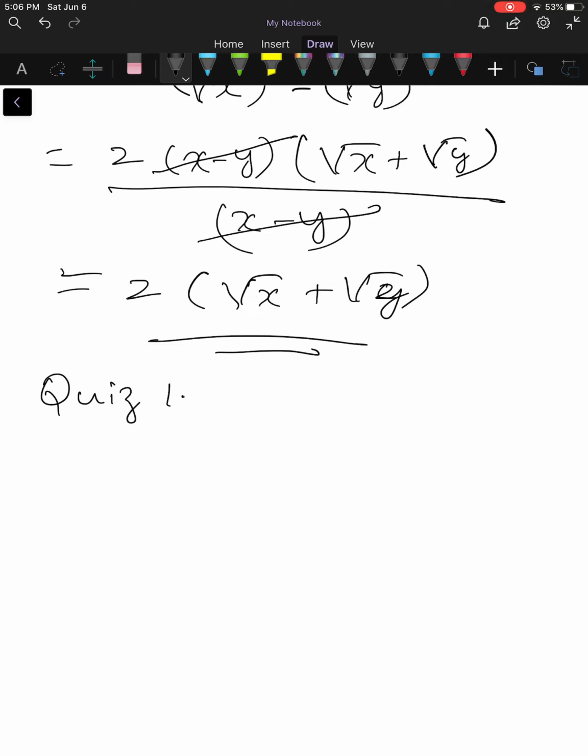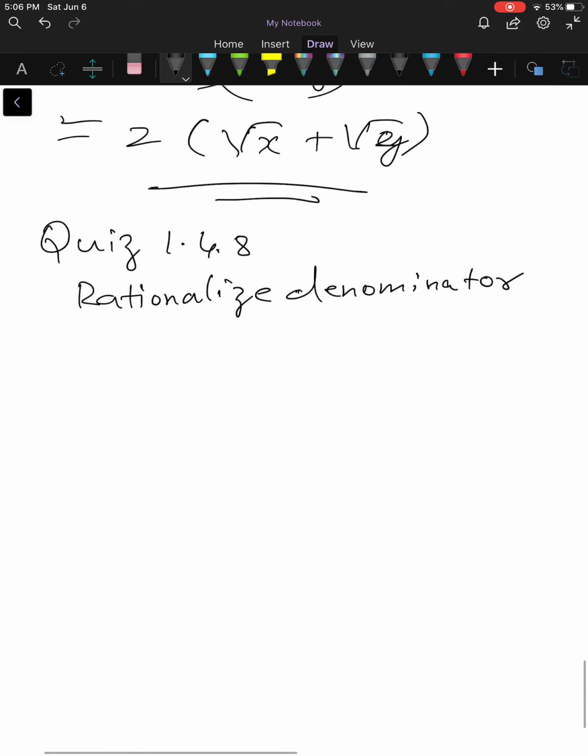Now I'll give you quiz questions. Quiz 1.4.8, rationalize the denominator. So here you are instructed to rationalize the denominator.